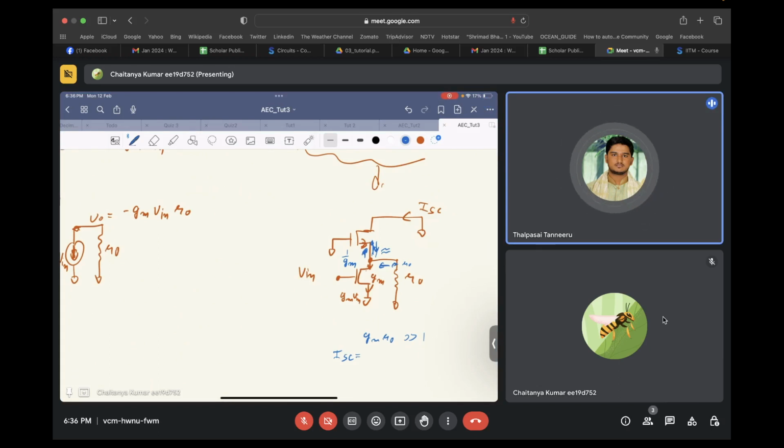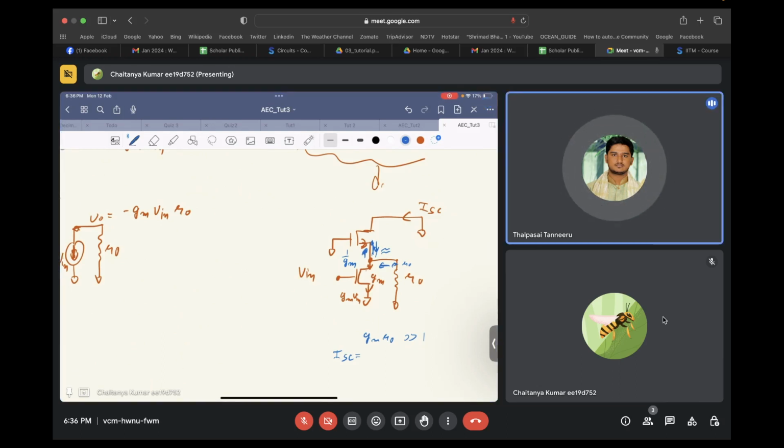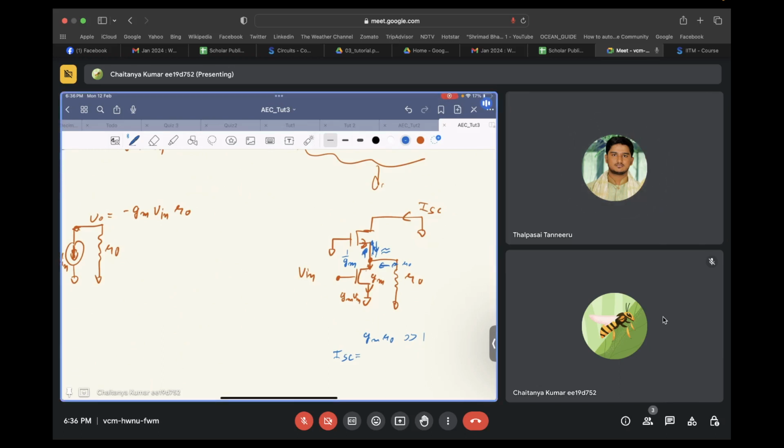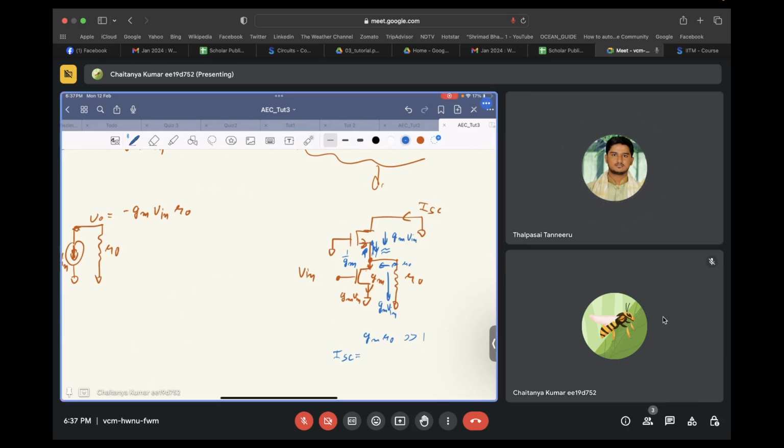No, no, current. I'm talking about the short circuit current. It's basically gm times v in current that was flowing over here. The same current will flow from here, right? It will be gm times v in. You understand? Yes, sir. So ISC will be equal to gm times v in again.